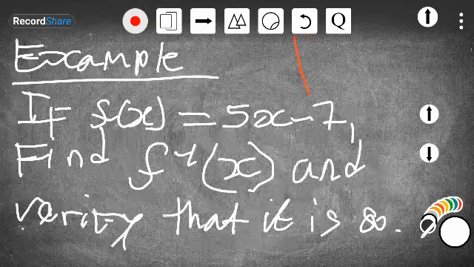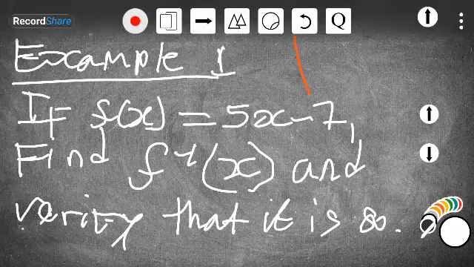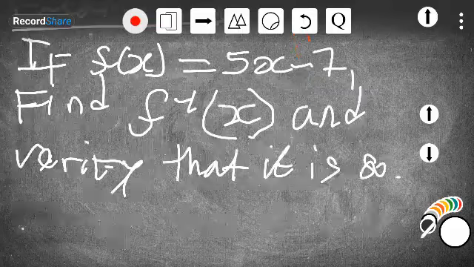So the question says, this is our example 1. It says if f of x is equal to 5x minus 7, find the inverse function of x and verify that it is so.